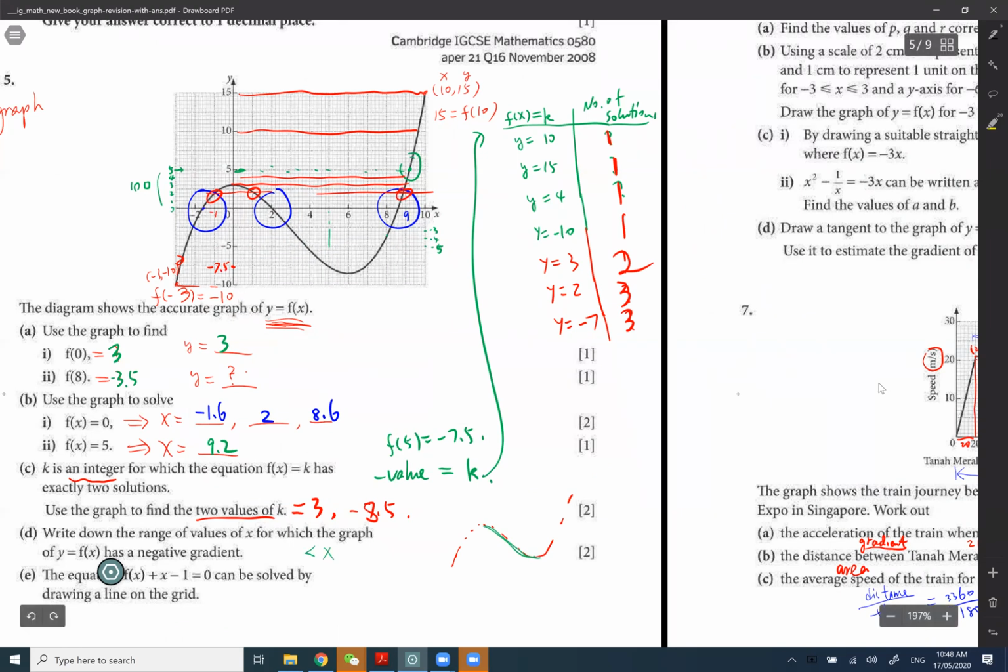On the graph, x is between two values. What's here? X between what values? The graph is decreasing. Oh, cool. 6.